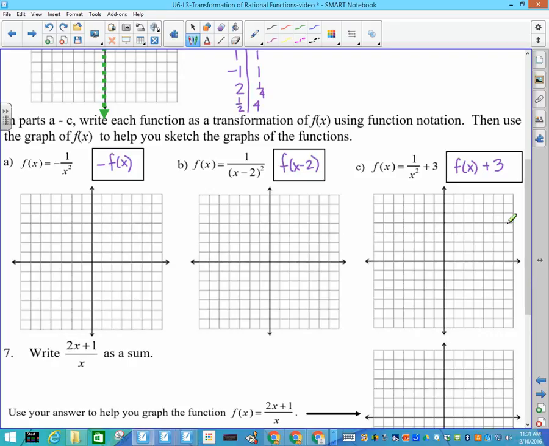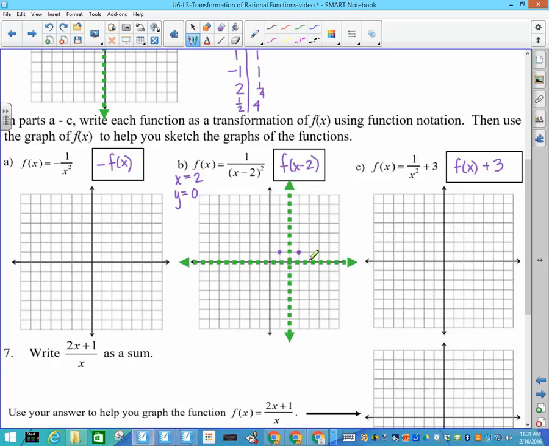And to graph it, what's happened is this has shifted my graph to the right 2 units. So now I don't have x equals 0, I'm going to have x equals 2. It did not shift up or down, so I still have my asymptote of y equals 0. And I still have my key points of 1, negative 1, going left and right, and up 1.